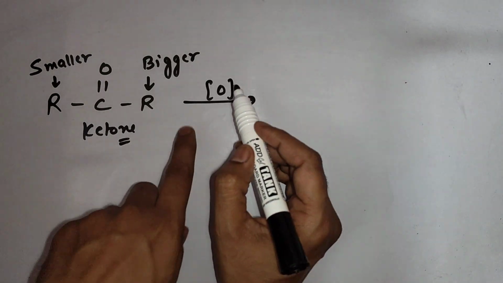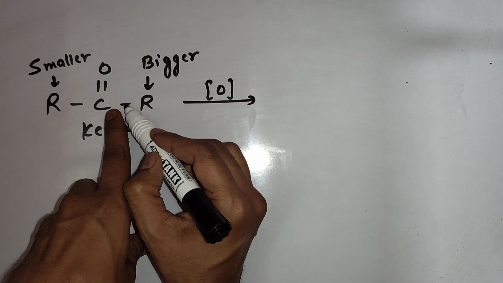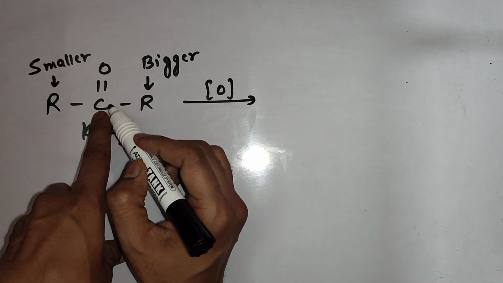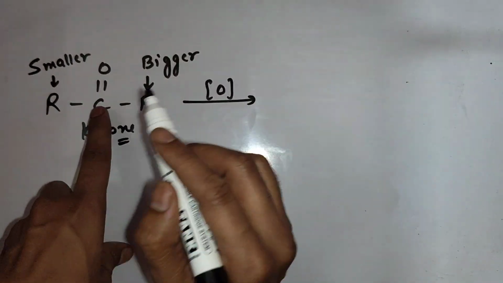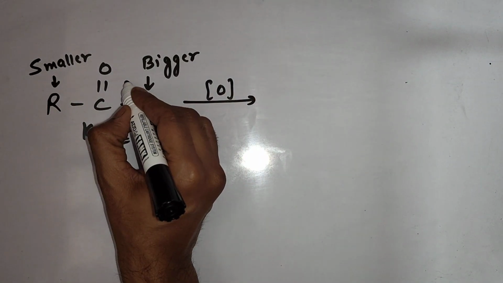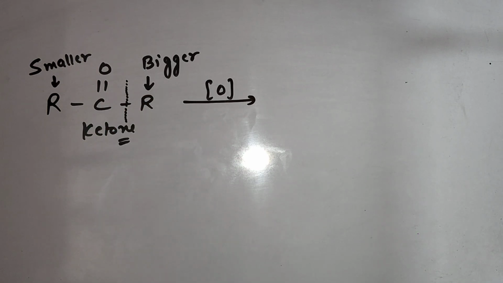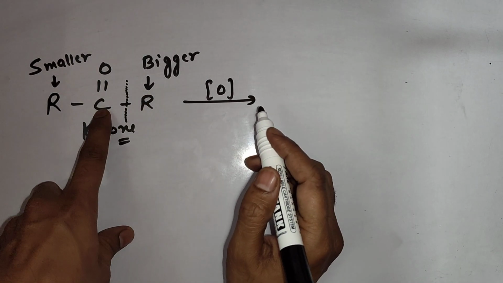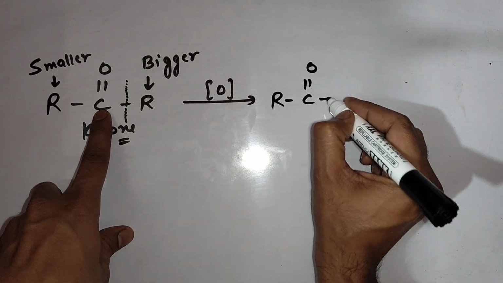So obviously, to do its oxidation, either we have to break this bond or this bond because we want to connect this carbon with oxygen. So let me tell you which bond will break. Always you have to break the bond from the bigger alkyl group side. Like this. And this carbon will make a connection with oxygen.